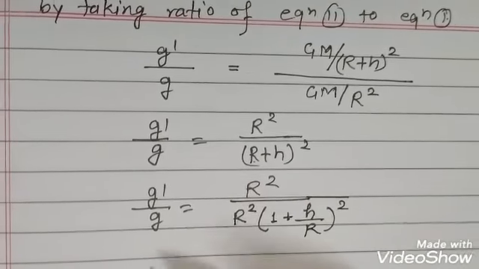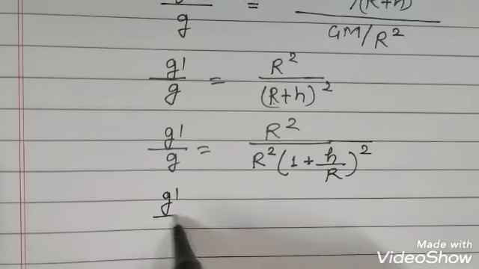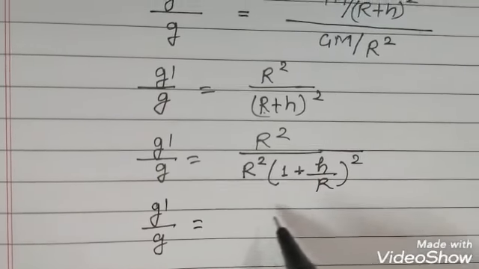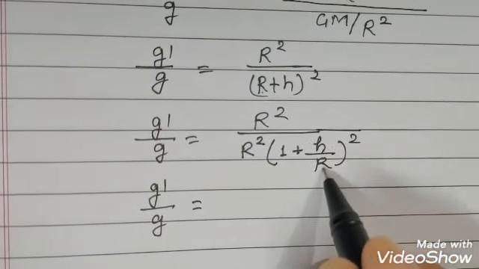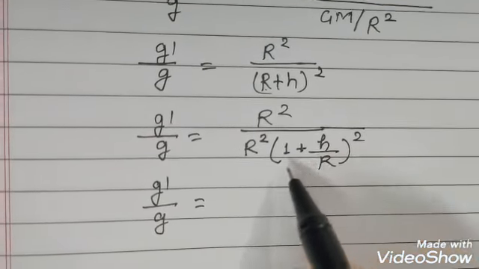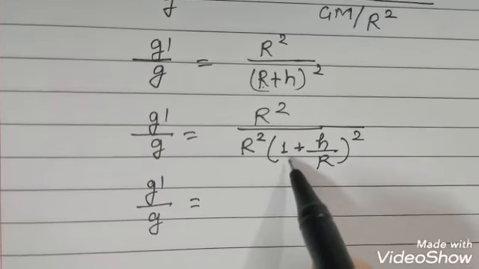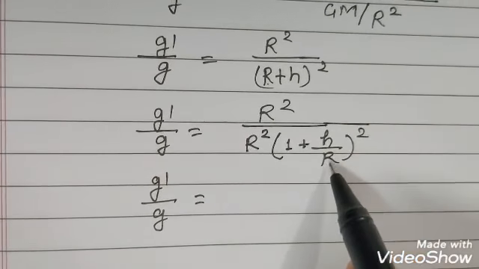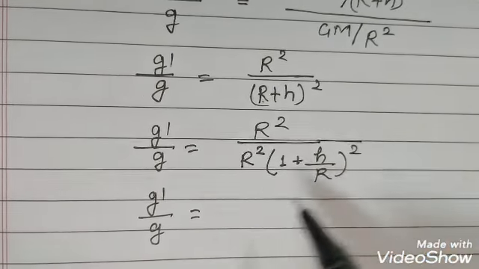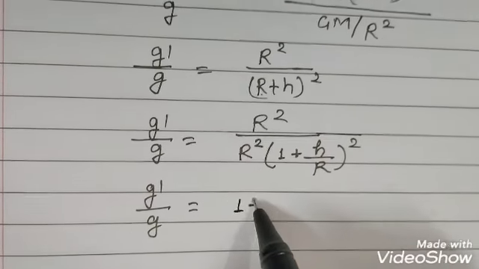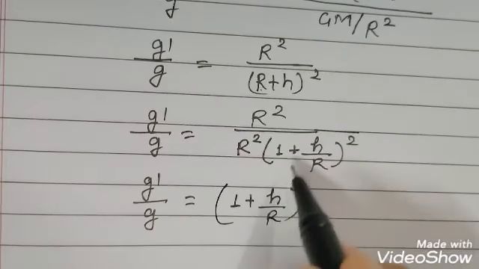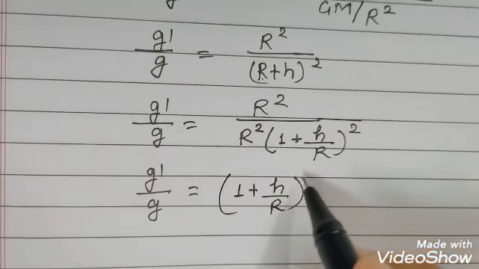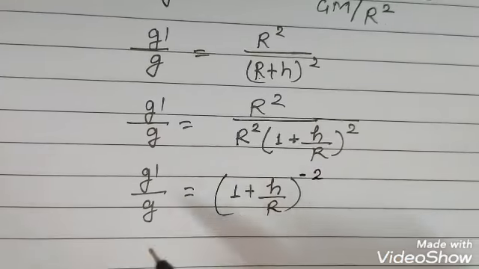Now r square will be cancelled. g dash upon g is equal to 1 upon (1 plus h upon r) square. If we take it up, then the exponent will become negative, that means (1 plus h upon r) to the power minus 2.